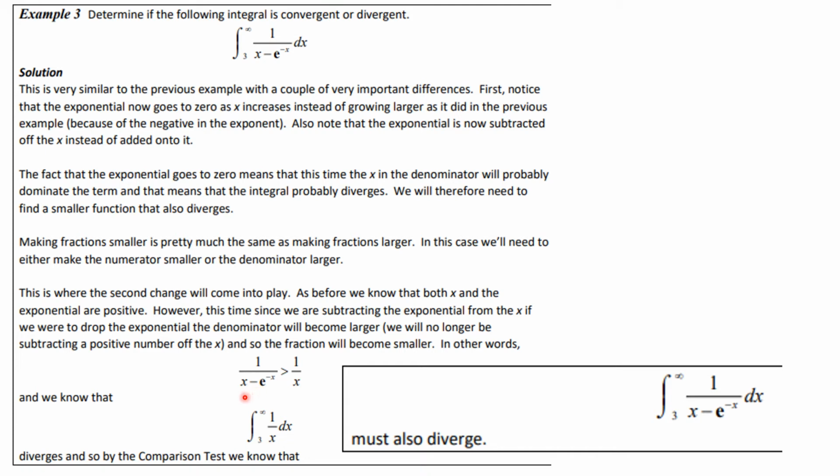So 1 over x minus e to the minus x is bigger than 1 over x. But we know that this smaller one diverges, from the p-test in improper integrals. So by the comparison test, we know that this also must diverge.